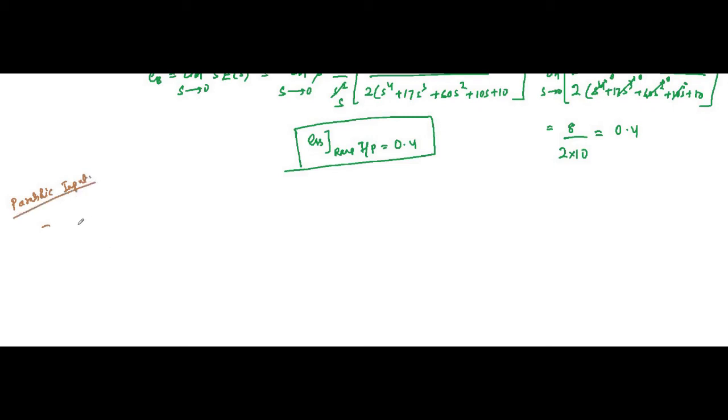For unit parabolic input, r(t) is equal to half t square, R(s) is equal to 1 by s cube.